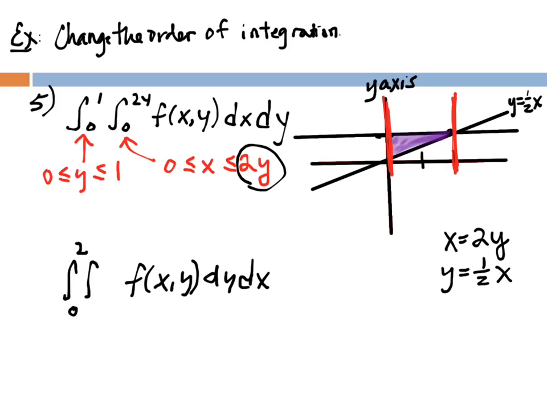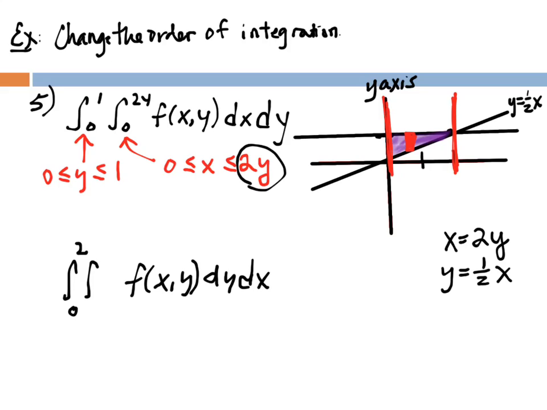Now think about y. Take any representative rectangle. This is how we did it in Calc 2. Remember that? You looked at taking that representative rectangle, which you could barely see because my purple's so dark. And what's the lower value for y? Where does y start in that rectangle? It starts at x over 2, right?